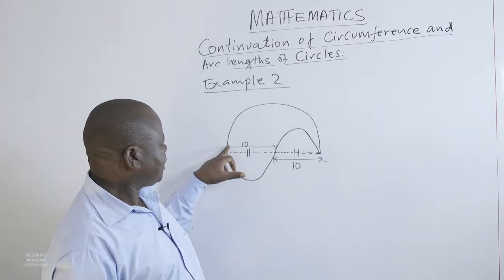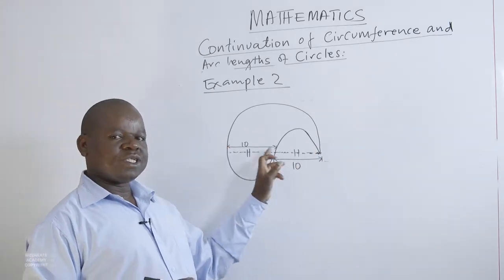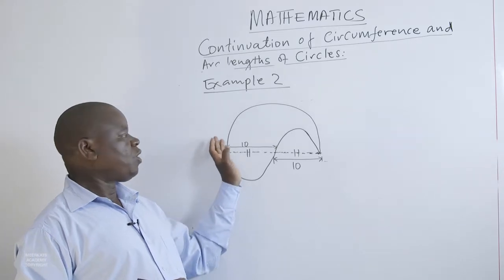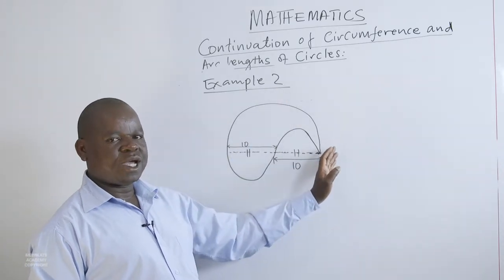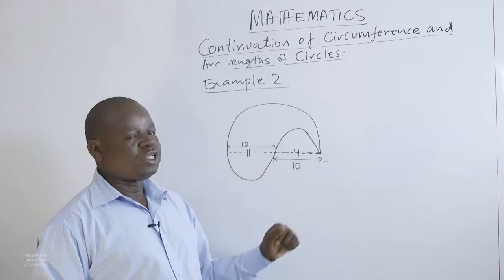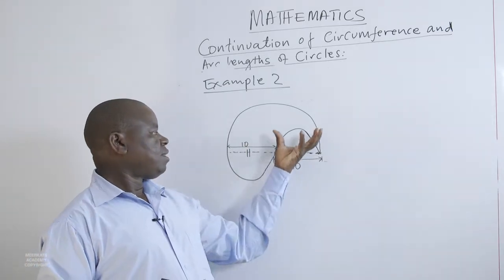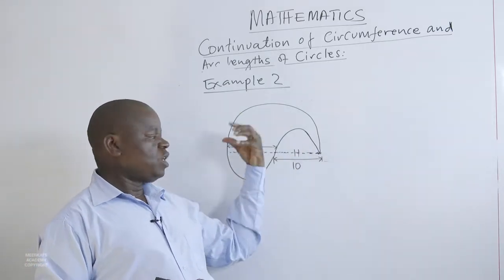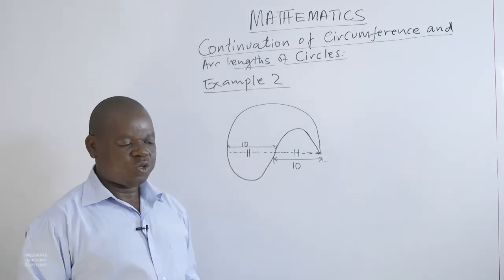And therefore, if this is 10 and this is 10, it means that the diameter of the whole semicircle, the upper one, is 10 plus 10, which is 20. So I'll get the perimeters of each semicircle, then I do what we call summation.